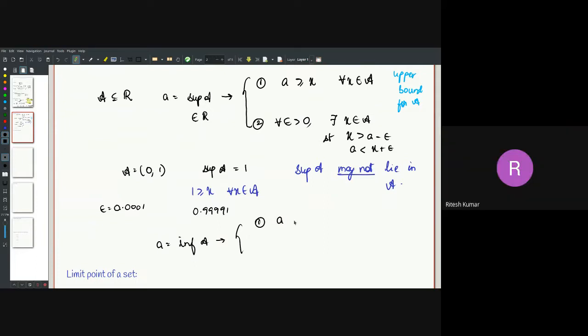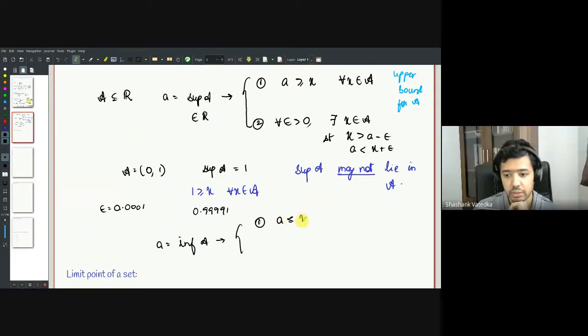Should be less than or equal to x. Correct. So A should be less than or equal to x for all x in A. So in other words, A should be a lower bound for A, and should also be the greatest lower bound. And then what is the second point?